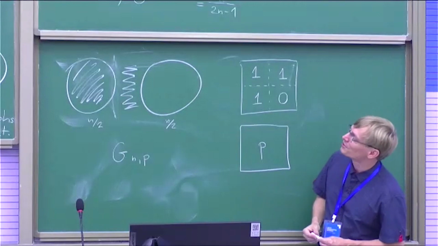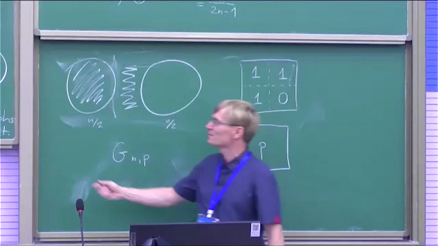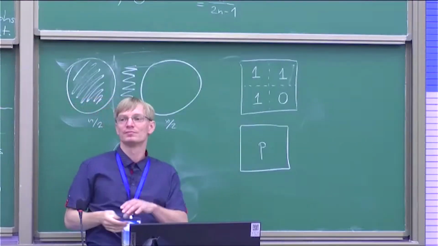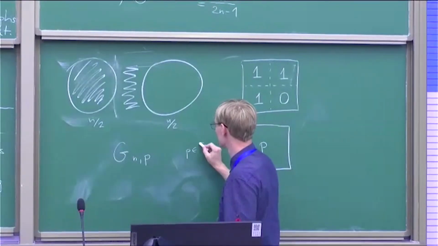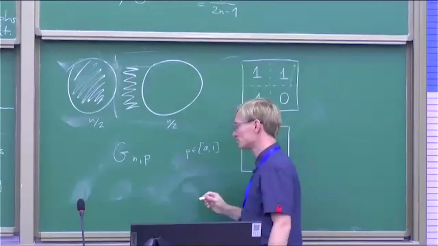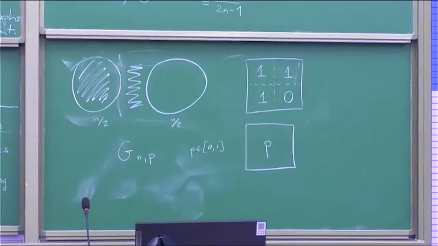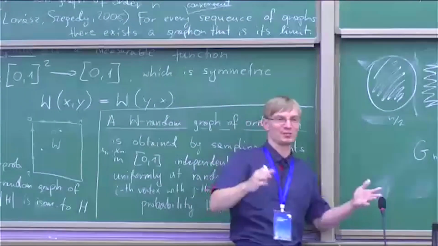That's why in the definition of a graphon, which I think I already erased, the value needs to be a constant. I'm not saying that the value needs to be 0 or 1. I'm saying it can be anything in between.